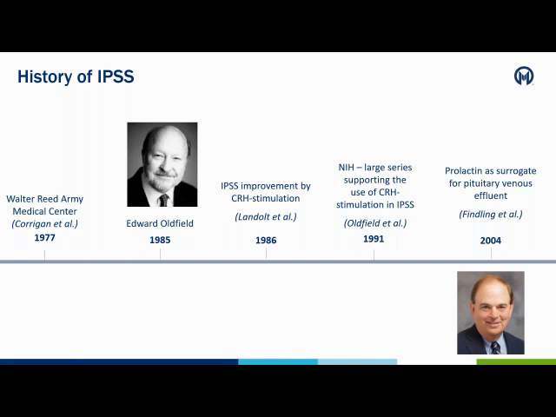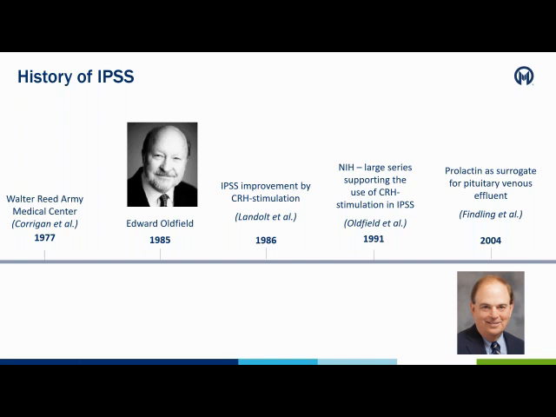And this ended up evolving into a multi-step process where a bilateral simultaneous catheterization was performed, and afterwards utilizing CRH stimulation, which is the hormone that stimulates the gland and tumors to secrete ACTH.